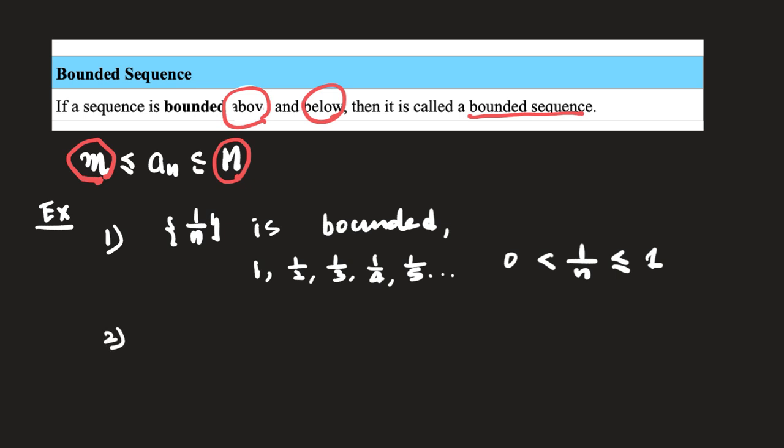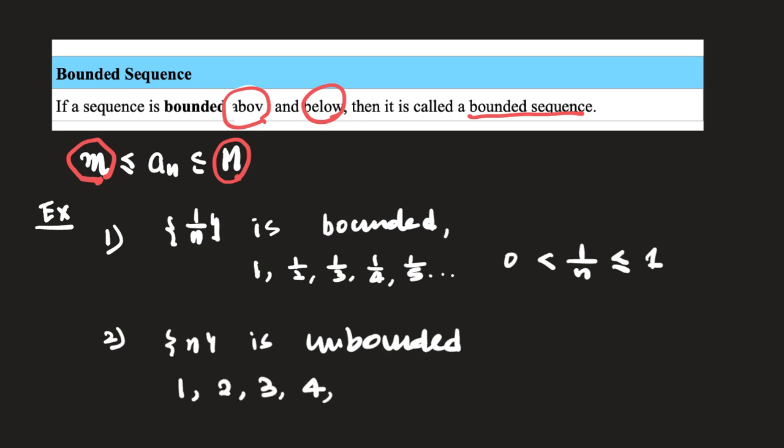But the other one, look at this. Here, n is unbounded. So the first one, 1, 2, 3, 4, 5. So this one, n is of course greater than 1, but we're going to find this less than m. We cannot find this number because this sequence is increasing, right?